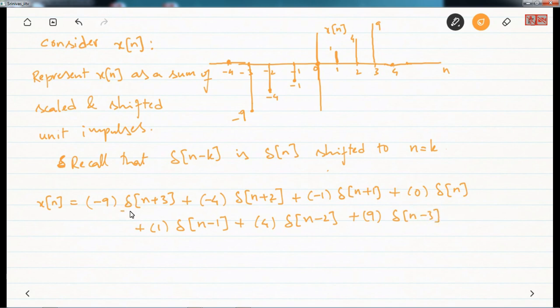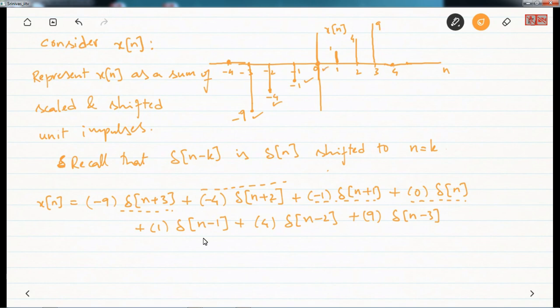So this is an impulse at n equal to minus 3, its amplitude is minus 9. So this is this, and this is n equal to minus 2, there is an impulse and its amplitude is minus 4. This is this. So at n equal to minus 1, there is an impulse with amplitude minus 1. So we catered to this, and at n equal to 0, there is no impulse, so it is multiplied with 0.